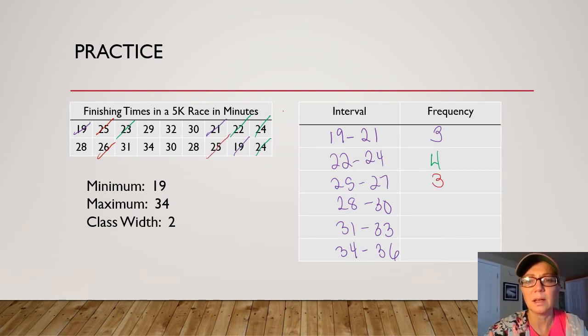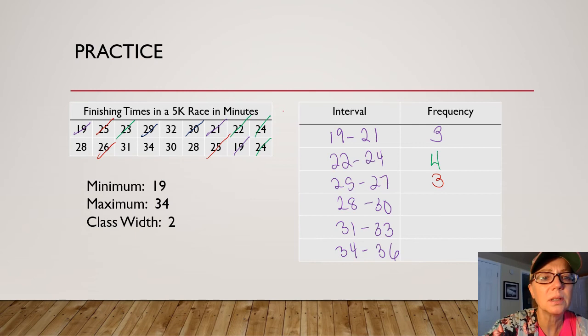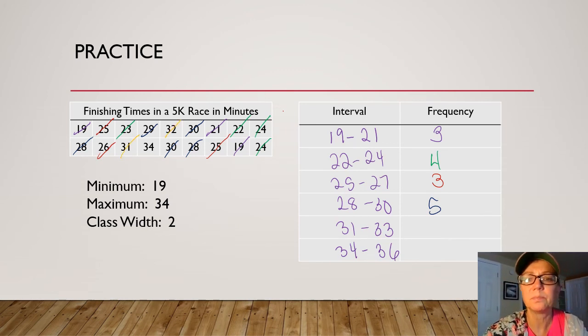All right. Now 28, 29, 30, 1, 2, 3, 4, 5. 31, 32, 33, 1, 2, and then 34 will be the only one in that last class.